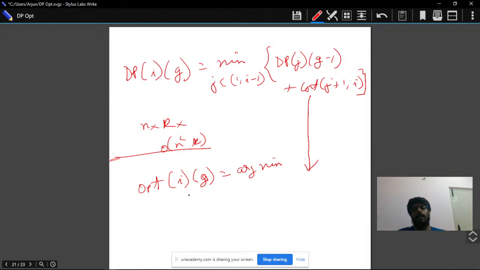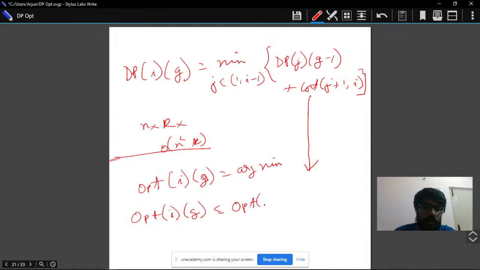And the observation is basically that opt ig is less equal opt i plus 1 g. What do we mean? We have the same number of gondolas, but I have more people.